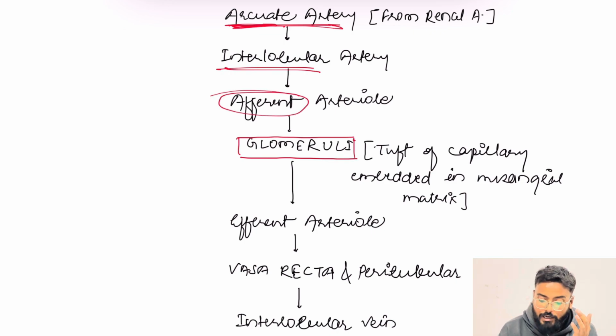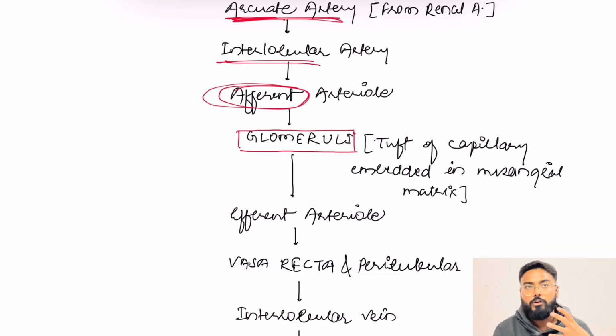Your afferent arteriole comes from the interlobular artery, which gets turned around and has multiple folds, forming a tuft of capillaries, that is your glomerulus.